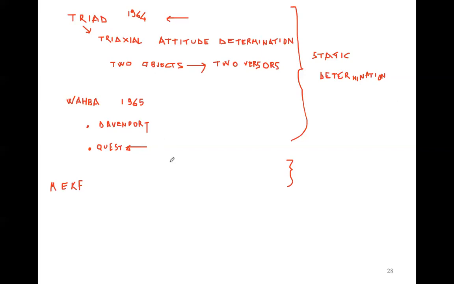The Kalman filter, as you already have seen before, has the possibility to propagate the information that you have collected before.